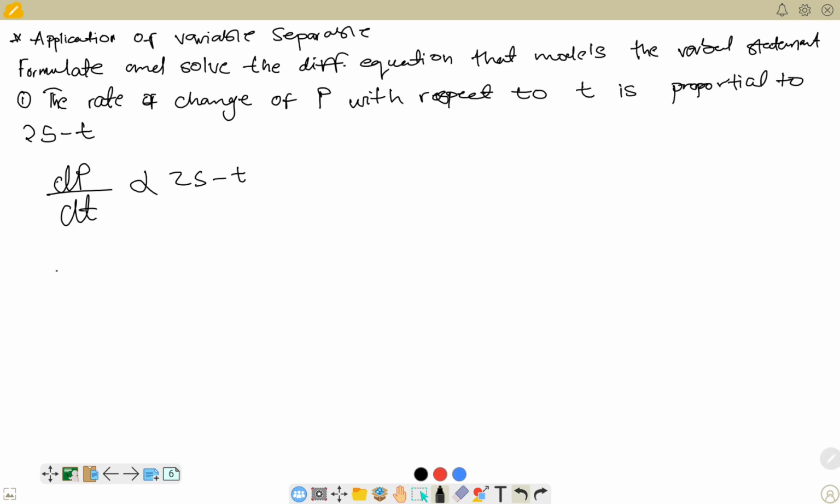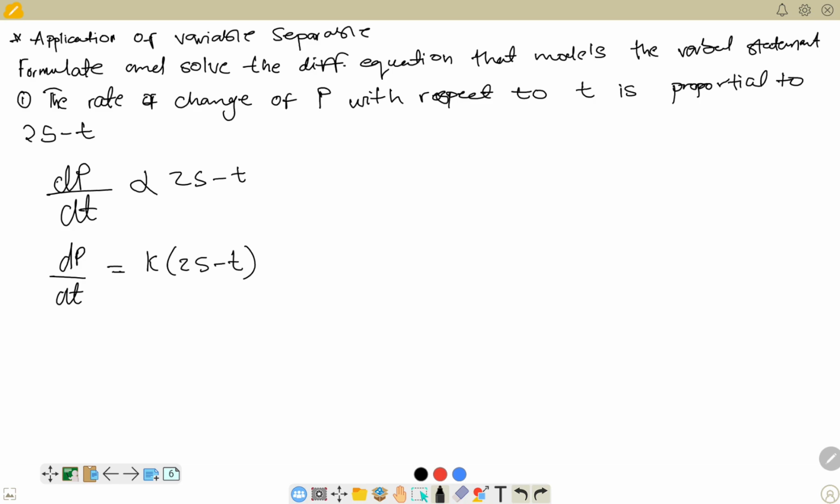If we want to remove the proportional symbol there, we can introduce a proportional constant, and normally we use k. So it's k times 25 minus t.